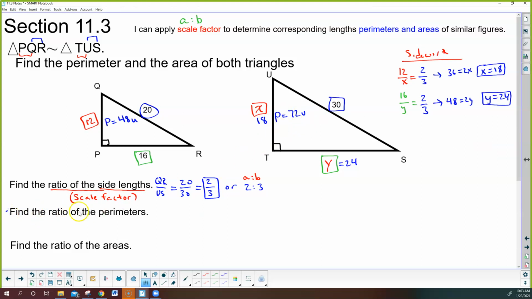So now it says find the ratio of the perimeters. And we did not tell you to take the small one to the big one or the big one to the small one. So I'm just going to do PQR. And notice if your ratio is flipped or reciprocated to mine, that's okay. So the ratio of the perimeters is 48 over 72. But as we have done with every ratio, we're going to reduce that down. So I know for sure I can divide by 6. I could probably divide by 12.